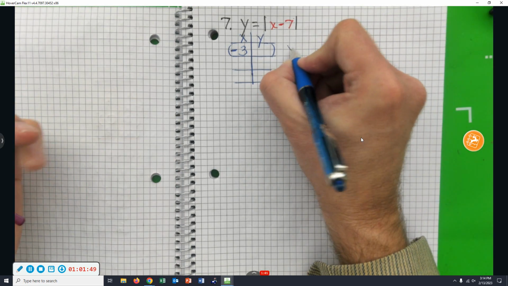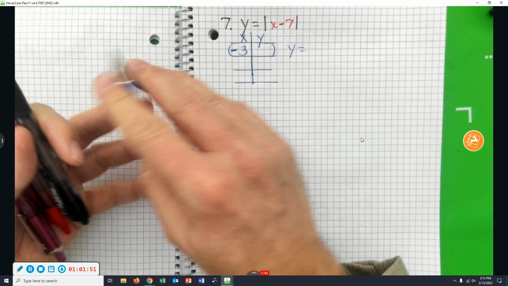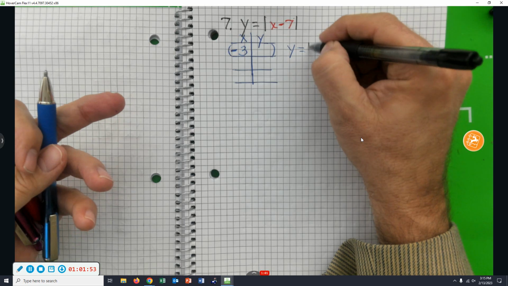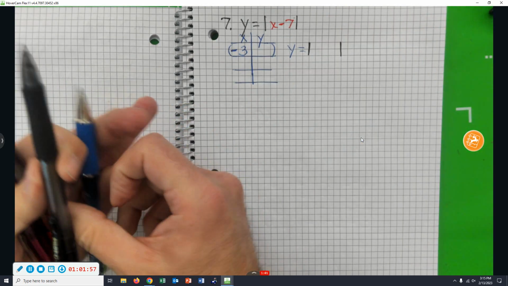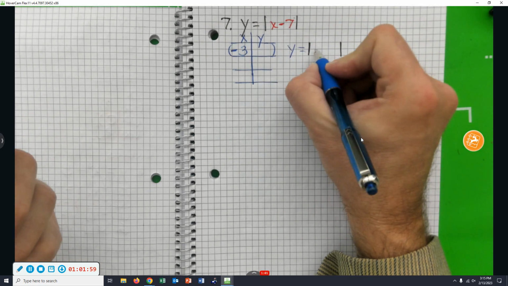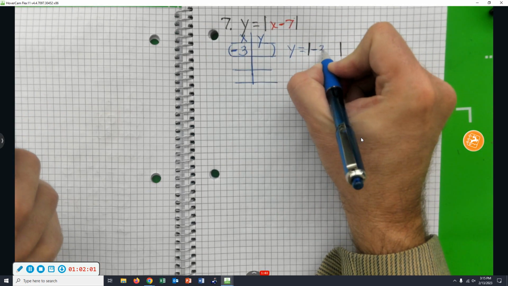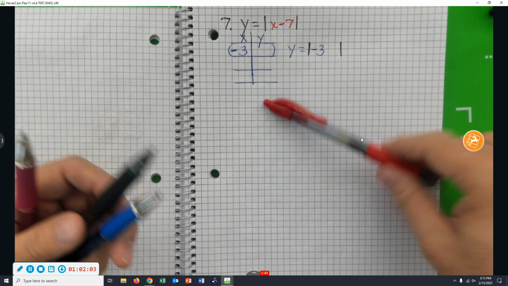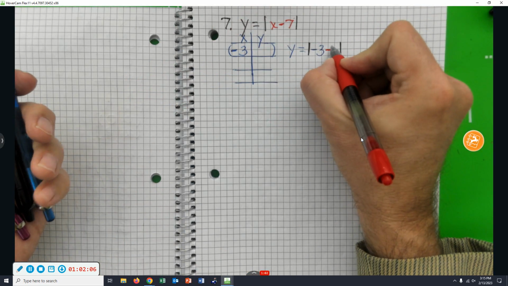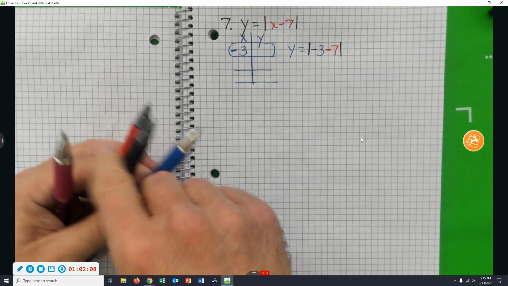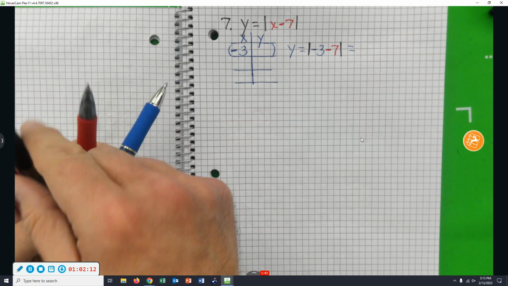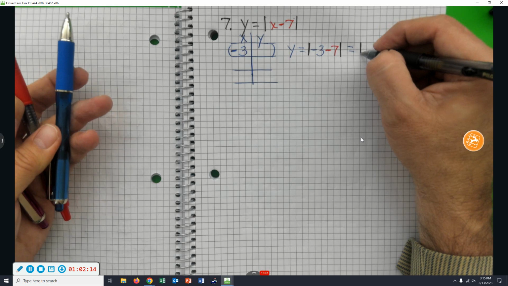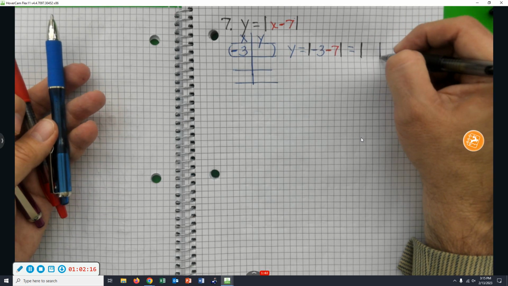Now be careful. Plug a -3 in for x. We have -3 minus 7, which is what? -10? But it has absolute value bars, so it'd be +10.